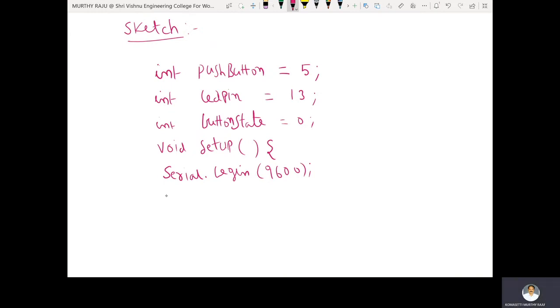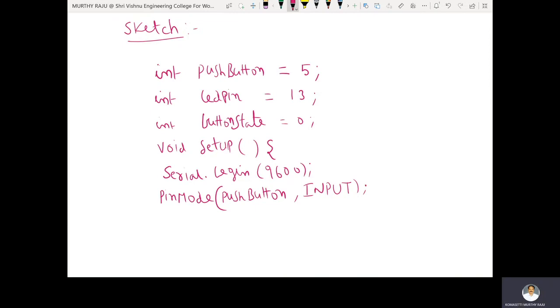Here configure these two pins, 5th pin and 13th pin. Pin mode, that is the pin mode. Here push button. Push button, that means input. Why is this one input?